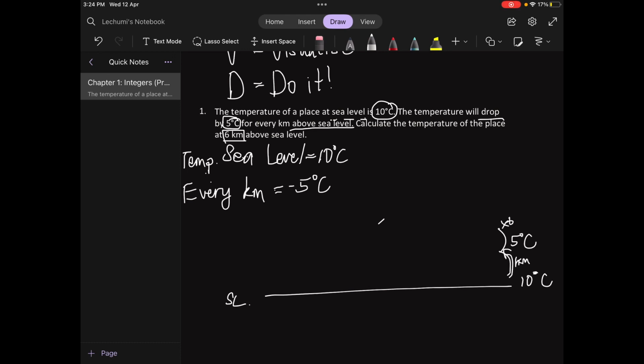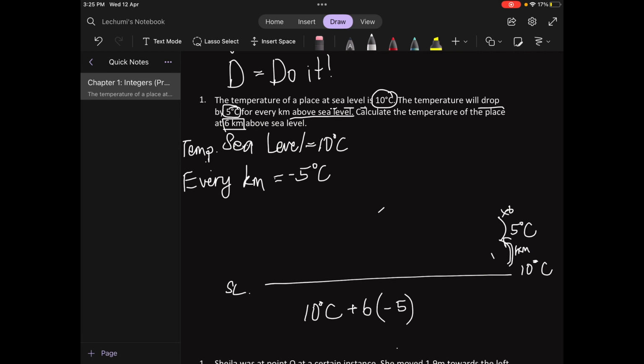So it is safe to assume that we are going to get the mathematical equation of 10 degrees Celsius plus, we're going up 6 times, so 6 multiplied by negative 5 degrees Celsius. You can write down the unit or not, it's not a problem in the working steps, but the answer must always have the unit, so remember that.